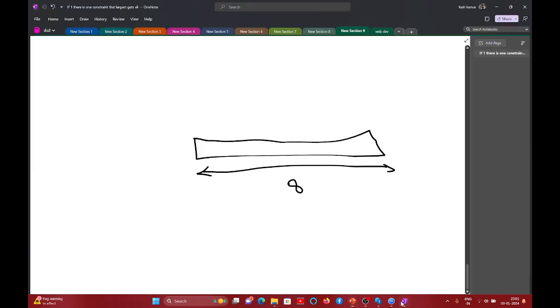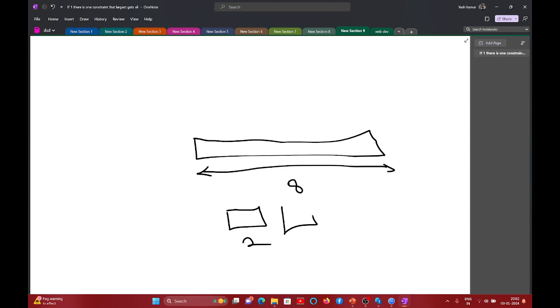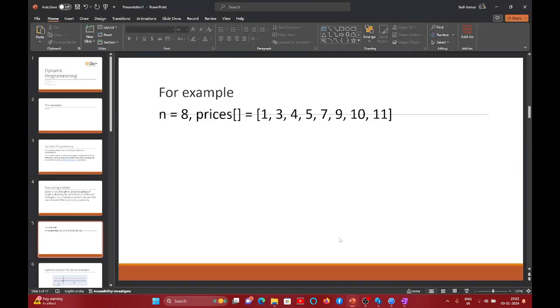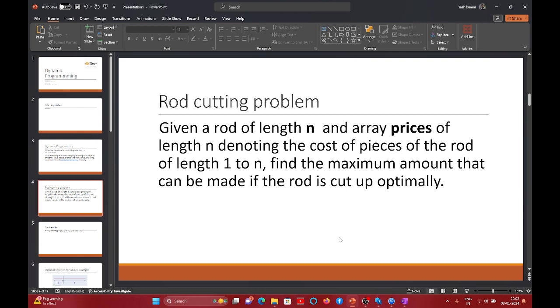One way of cutting this rod is to cut it into 2, 2 and 4. Okay, so this is one way to cut our rod. Let's calculate how much we can get from this specific solution.